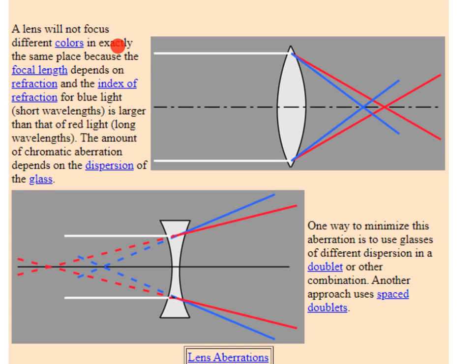A lens will not focus the different colors in exactly the same place because the focal length depends on refraction and the index of refraction. For blue light, the refractive index is larger than for red light, since blue has the shorter wavelength and red the longer wavelength. The amount of chromatic aberration depends on the dispersion of glass.